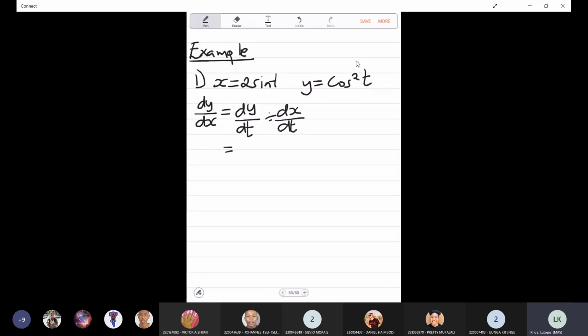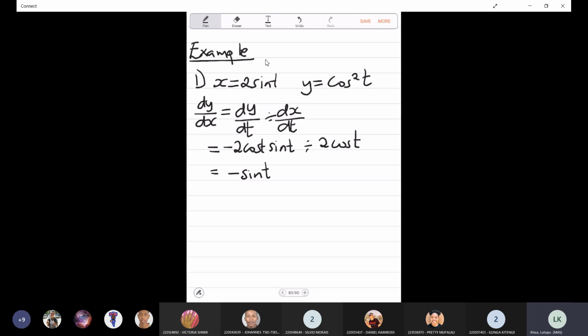This is just 2 cos t times negative sin t. And then dx/dt, the derivative of this is 2 cos t. Okay, then simplifying this, you can see that the 2 cos t's cancel, and then you're left with minus sin t. That is the first derivative.